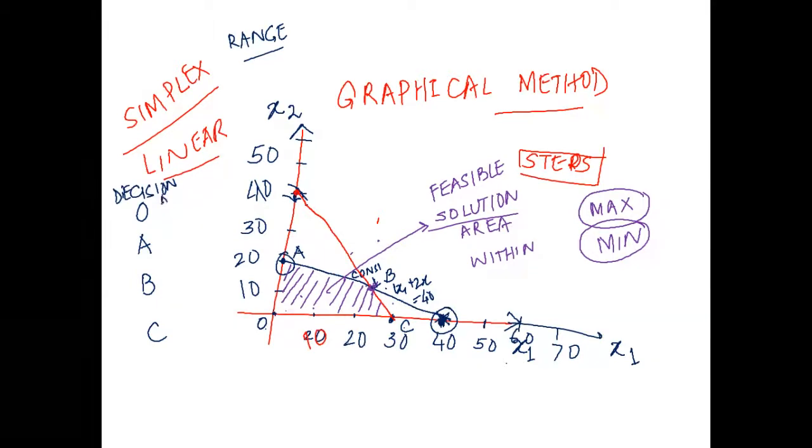Right now we don't know which of them is the right value of x1 and x2. So we have got 4 options: O, A, B, and C. From these, we have to find which option is the best, which means which option will give us Z max.